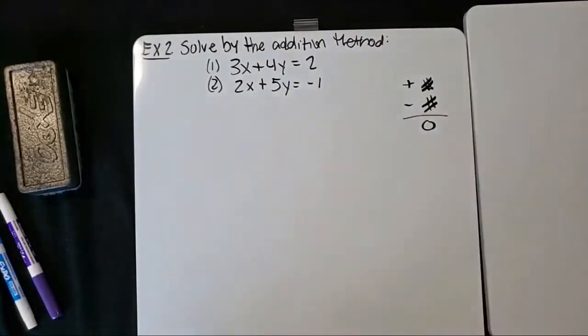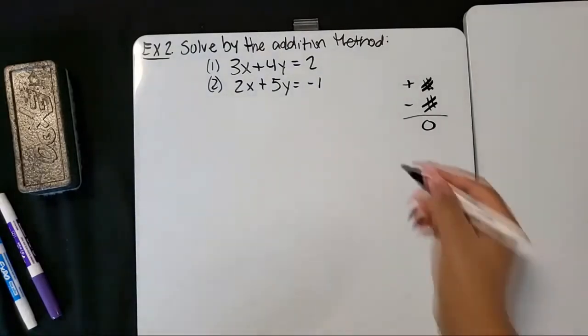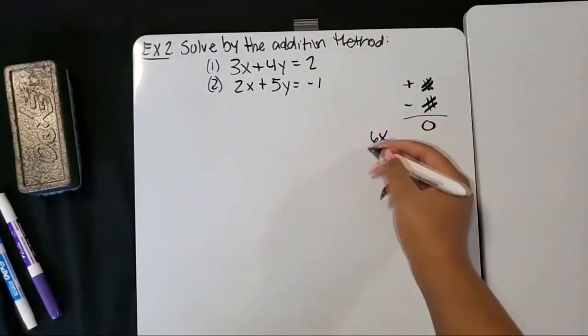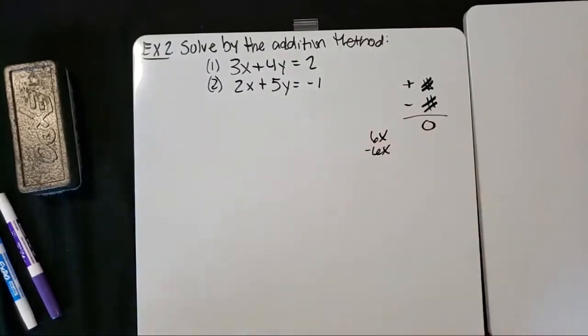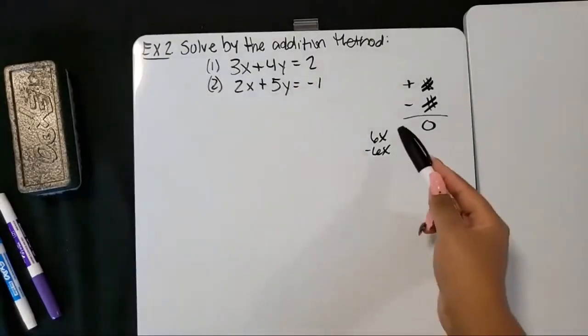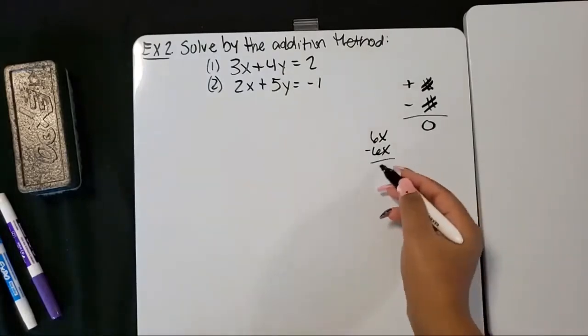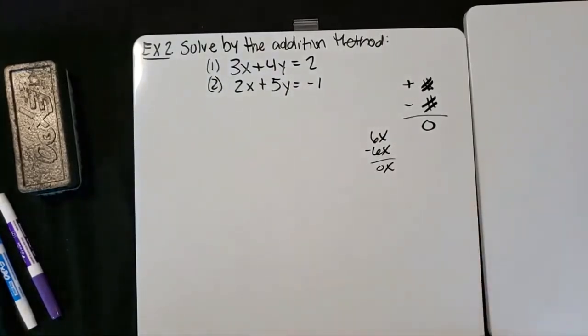So if we look at 3x and 2x, a way that we can get that to eliminate is if it was 6x and -6x, right? So we have to figure out what we need to multiply by to get this so that we can have 0x, which is what we want.